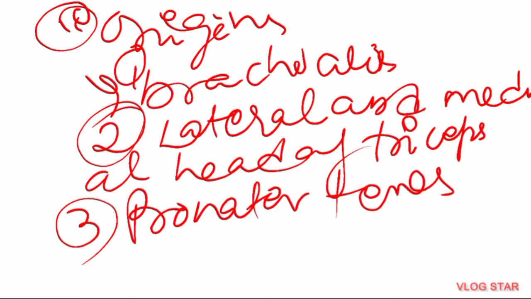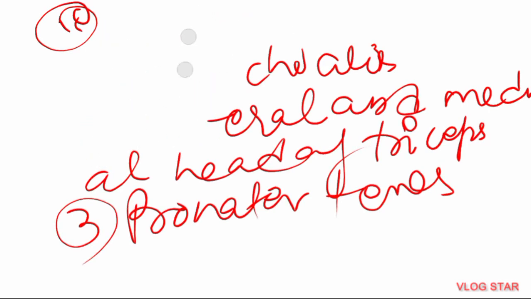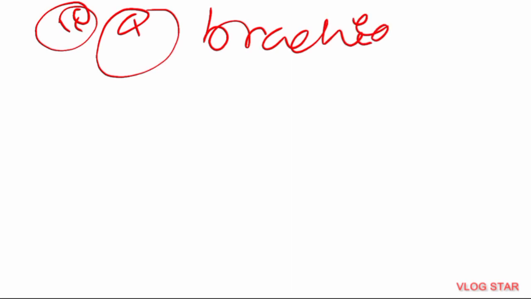And the third one is pronator teres, from medial supracondylar ridge, and then the fourth one is brachioradialis.